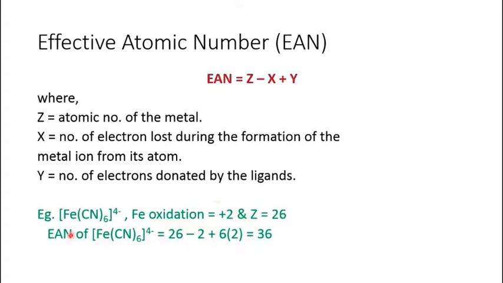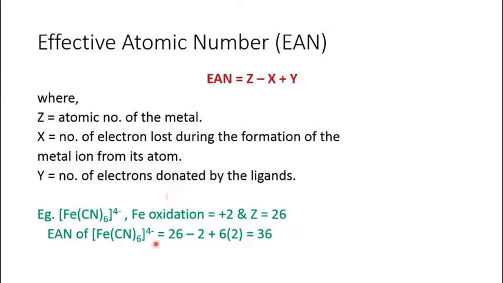So here is an example: Fe(CN)6 and the charge present is 4 minus. Then the iron oxidation state is plus 2 and the iron atomic number is 26. So substitute using this formula.